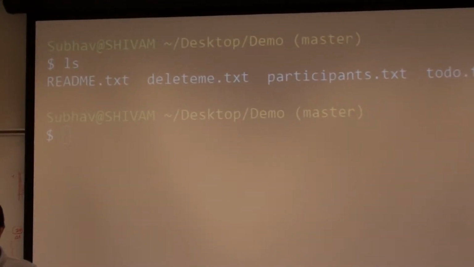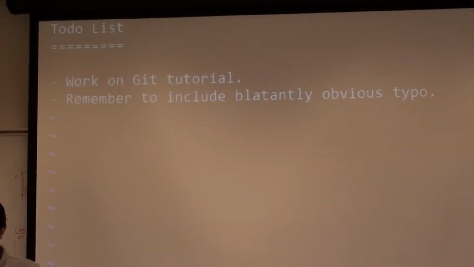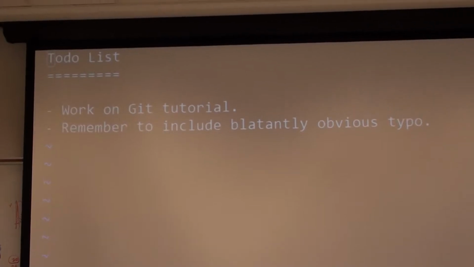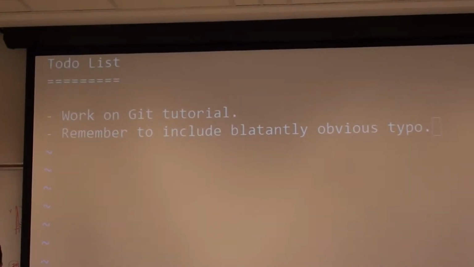So let's go back to our demo. Storing all of these versions isn't especially useful if we can't really do anything with it, right? So let me make a few more changes. I have another file called to-do. I'm going to open up that file. So I have a to-do list full of stuff. Let's see.